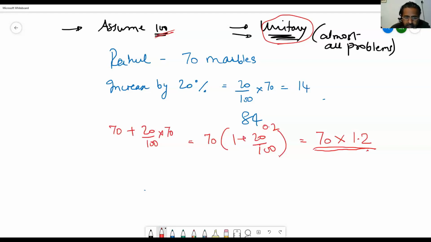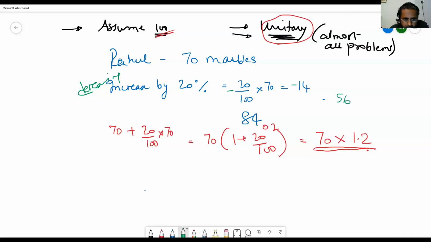Now suppose I'm decreasing by 20%. If it is decreasing, then instead of a plus, this becomes a minus, and 70 minus 14 becomes 56.